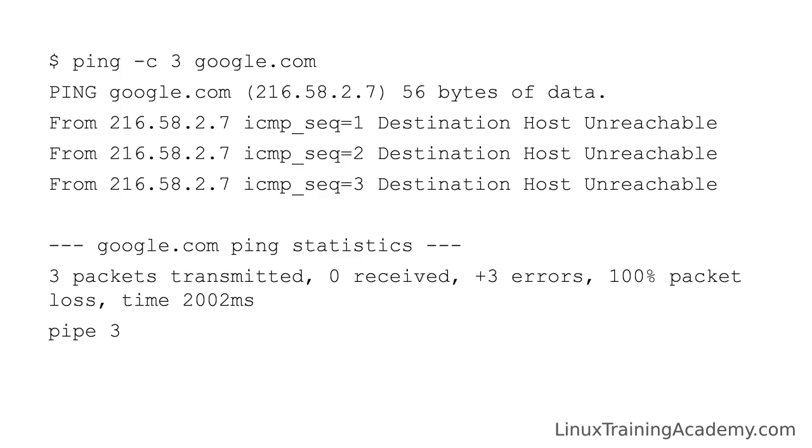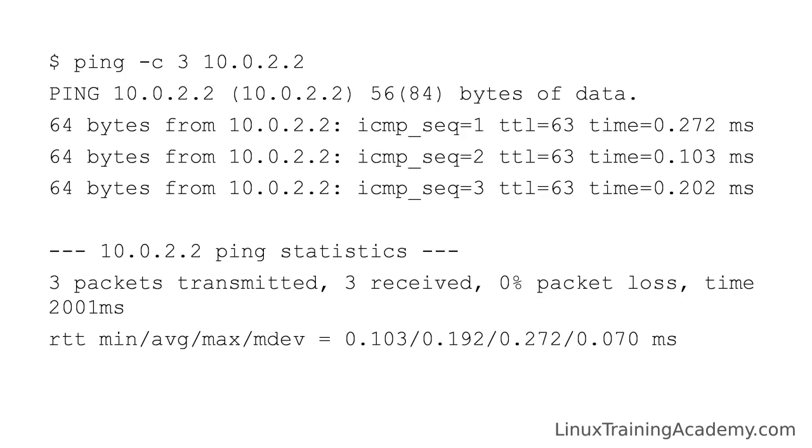If that turns out to be the case, then we'll need to use other tools to test network connectivity, which we'll be covering soon. This example demonstrates pinging an IP address. This IP address is on the same local network as the host I'm running the command from, and the response times are very fast. They're less than 1 millisecond, in fact.